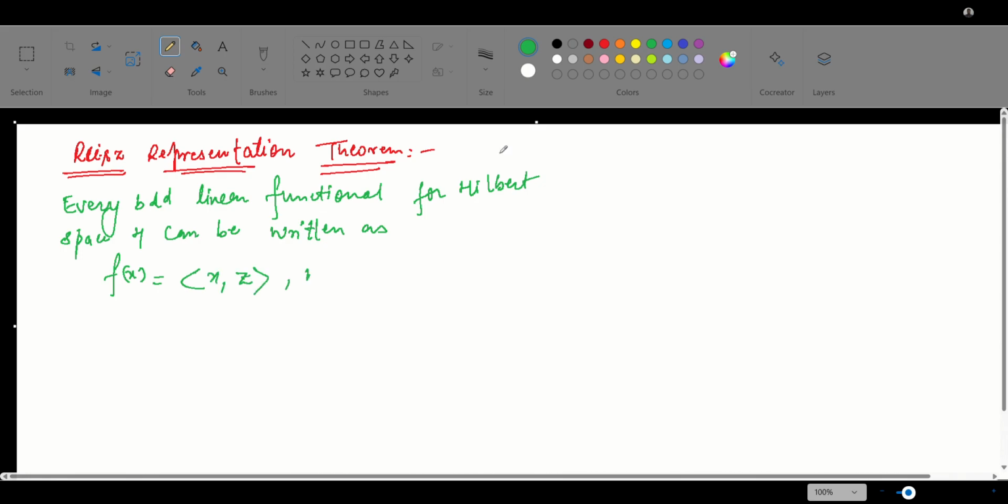What is z? Actually z depends on f. Z depends on f and uniquely determined by f, right?